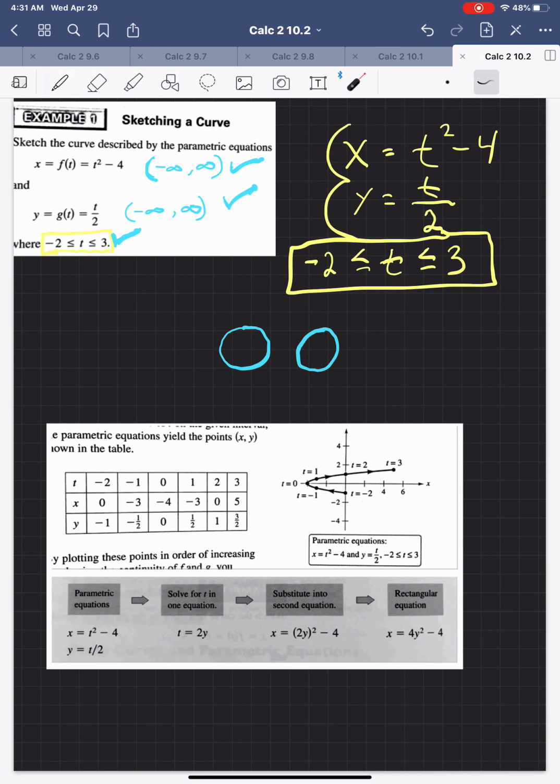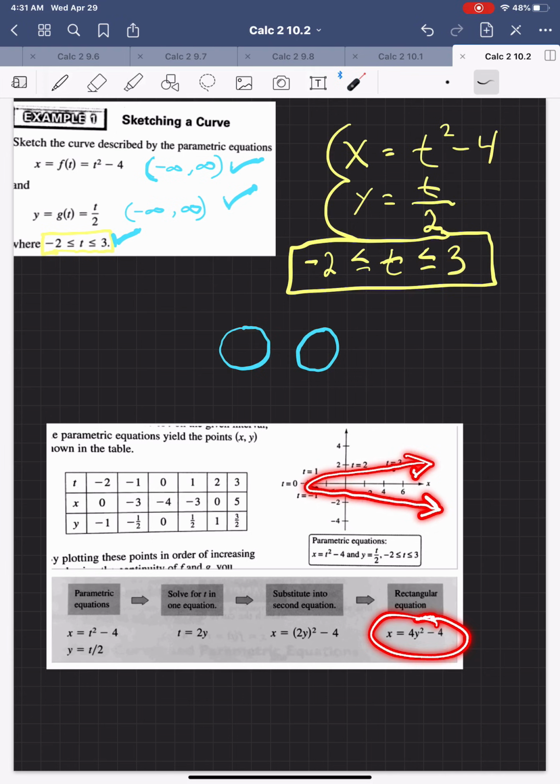So notice that if you graph, and you can try this on your calculator, if you graph x is equal to 4y squared minus 4, here's what it's going to look like. It's going to look like this. You're going to get a parabola that extends to infinity in both directions.